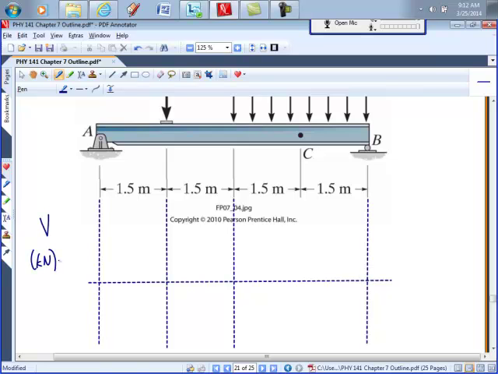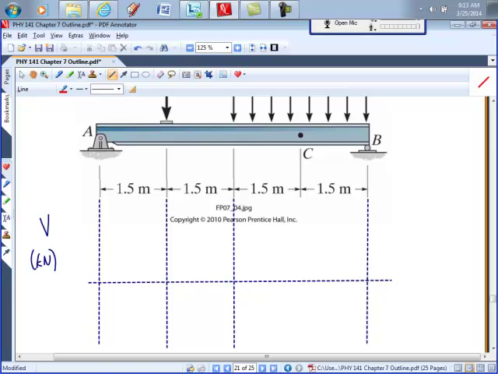So if we do the shear diagram just for the point load, and we'll do that one in, what color should we use? Do that one in red. So for the point load, what value of shear are we going to have to start?